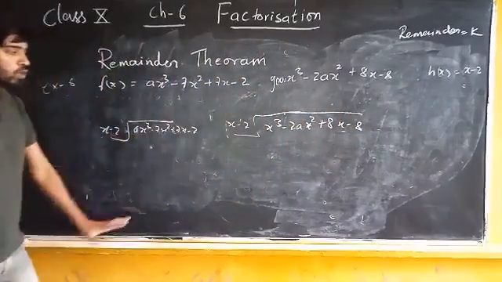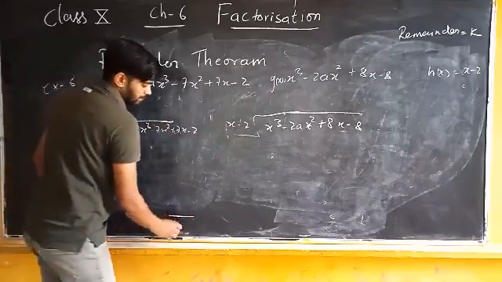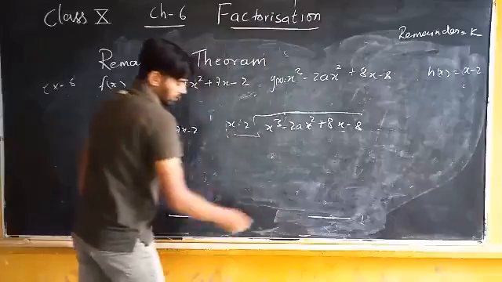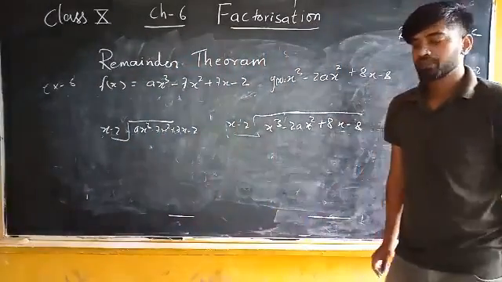If both polynomials are divided by the same polynomial, the remainder is coming the same. Whatever the remainder is over here, the same remainder is coming over there. They are trying to say that.